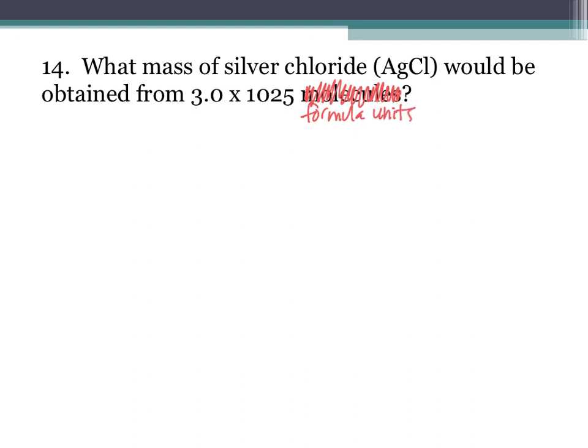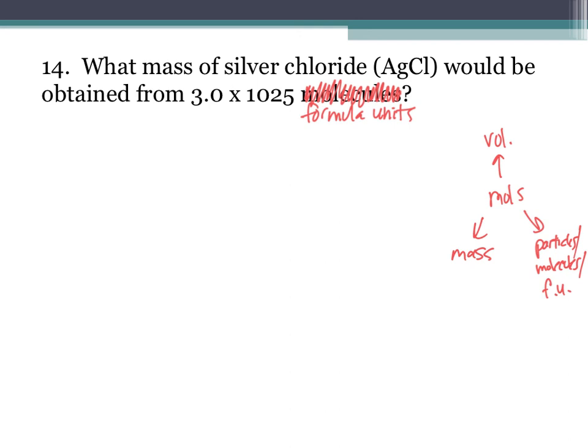Thinking back to my mole conversion chart, we had moles, then volume, then mass, and then particles. This will also be molecules down here. Remember we said if we're dealing with molecules or formula units, that will all be included in the particle part.